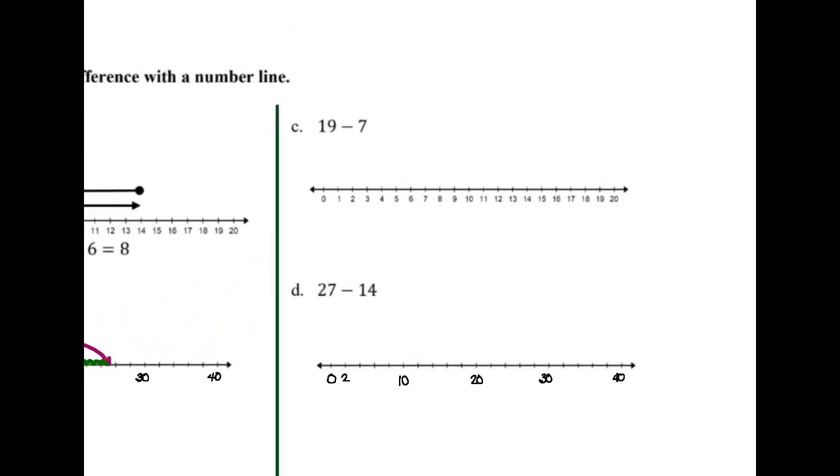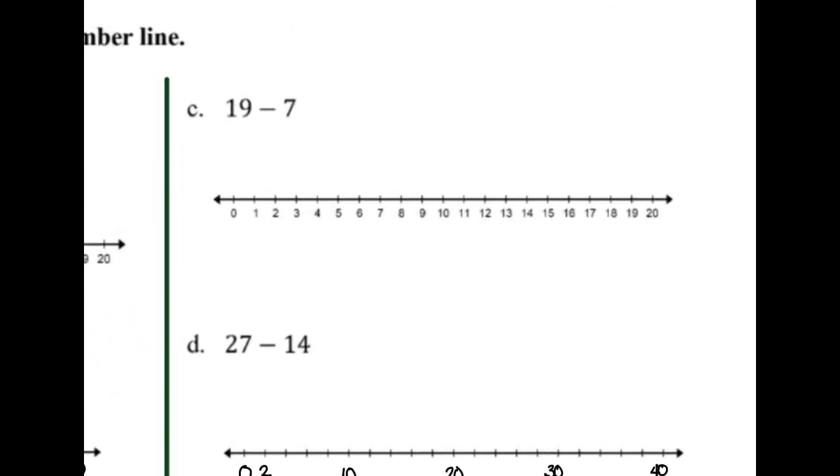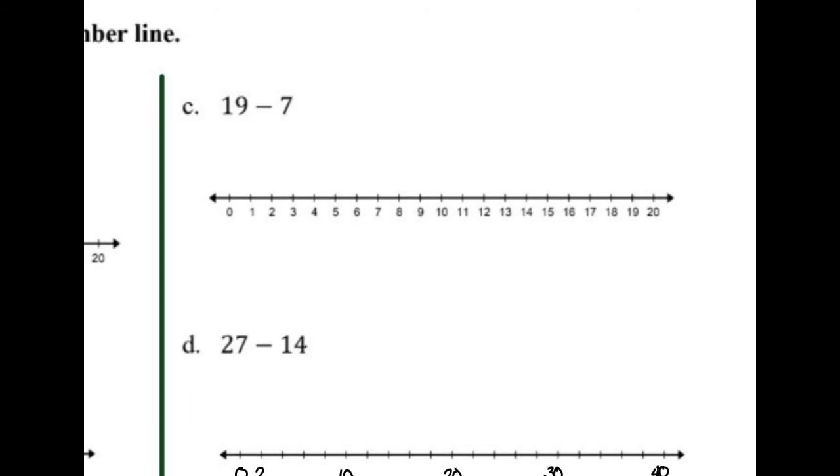Let's go up and do this one now. This one will be easier because we're counting by ones. Let's start with 19. We have to come all the way up to here, right? If we start at 0, our arrow is going to go all the way up to 19.